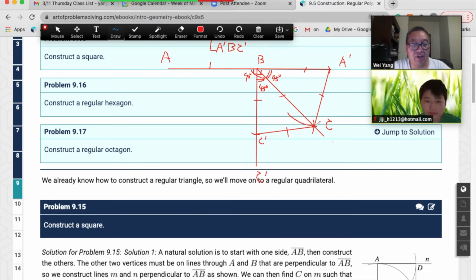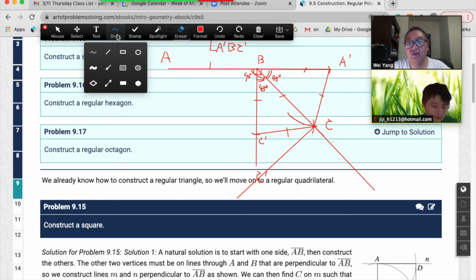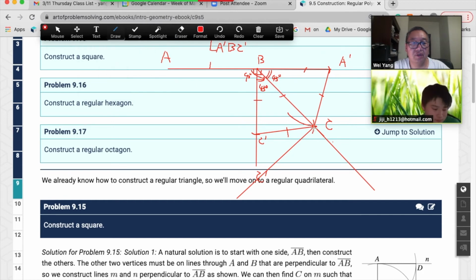For the next one, first we draw a perpendicular line to this BC. You can draw this perpendicular, then extend BC, right? Then you build the angle bisector here. Suppose the angle bisector is here.